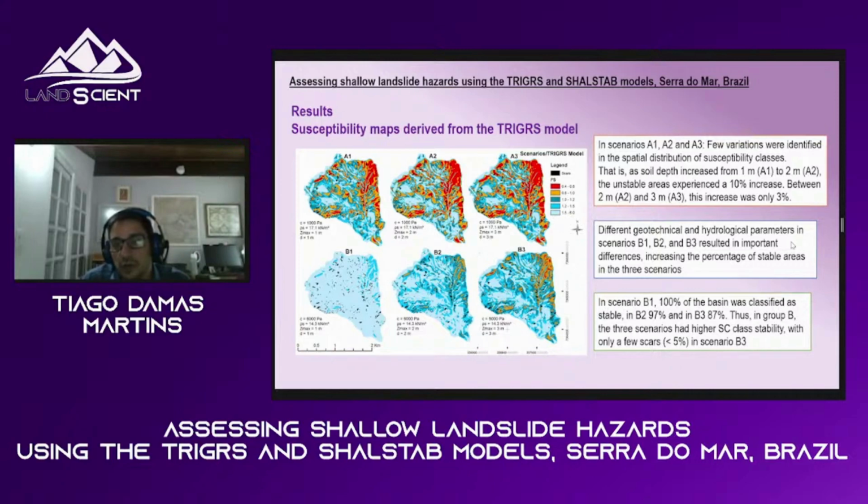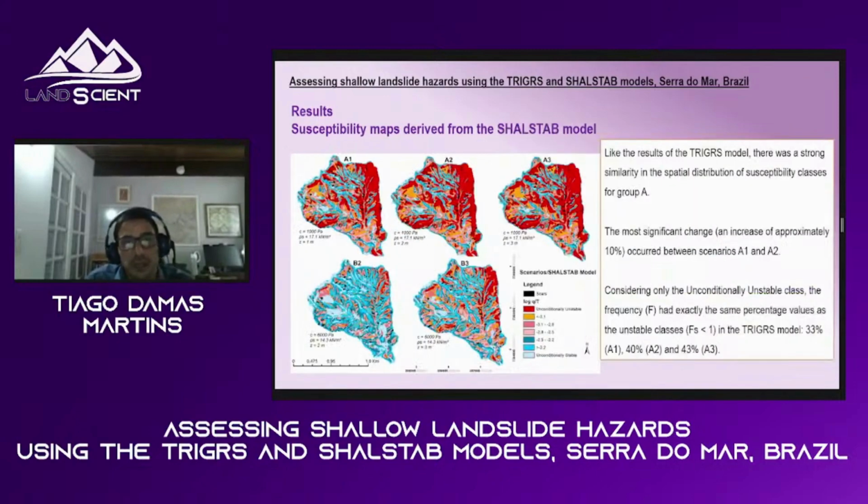Different geotechnical and hydrological parameters in scenarios B1, B2, and B3 result in an important increase in the percentage of stable areas in the 3 scenarios. In scenario B1, 100% of the basin was classified as stable, as you can see here. So it's all blue. In B2, 97%, and in B3, 87%. So in group B, the 3 scenarios had higher scar concentration in the stable class with only a few scars. In other words, we have a lot of stable cells associated with areas already affected.